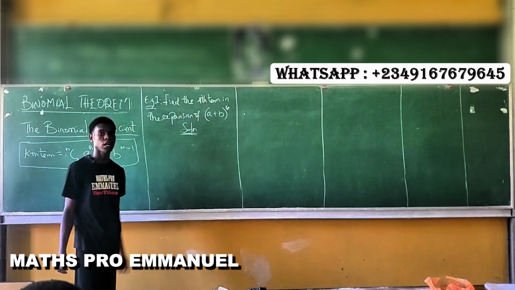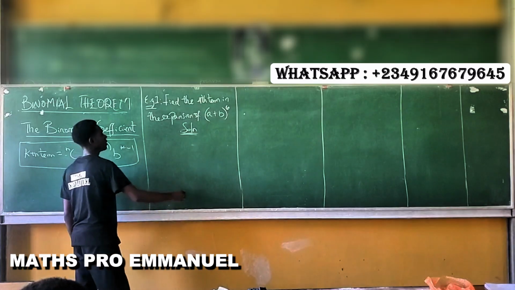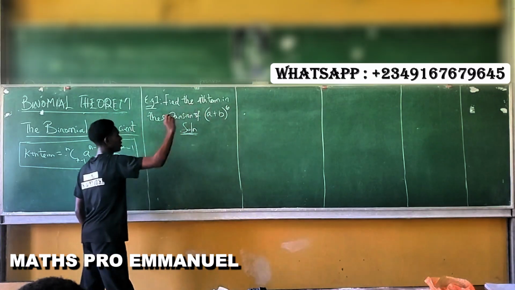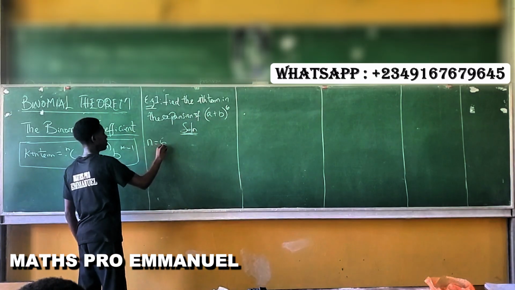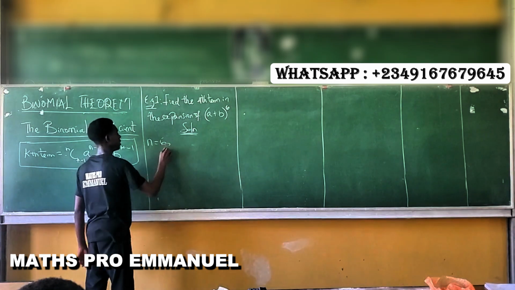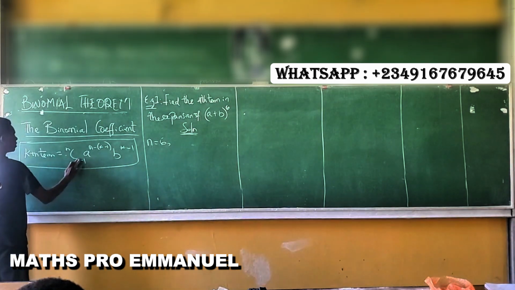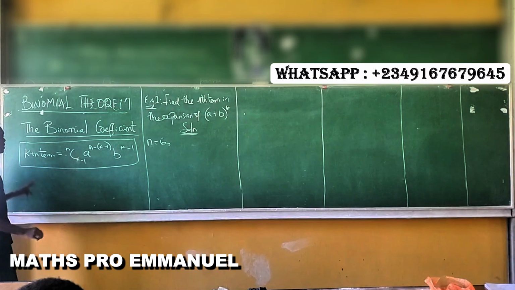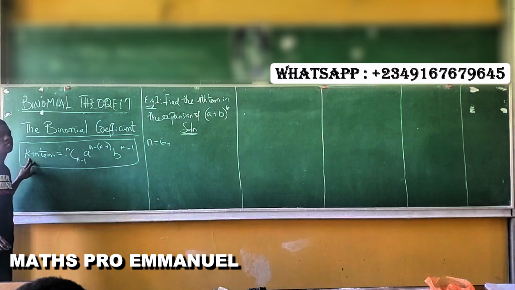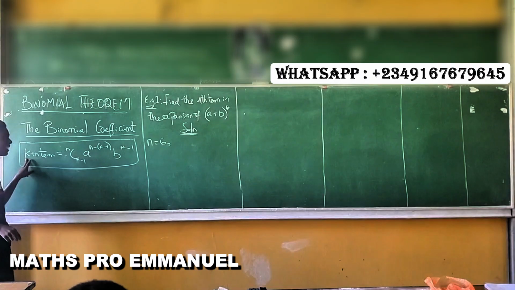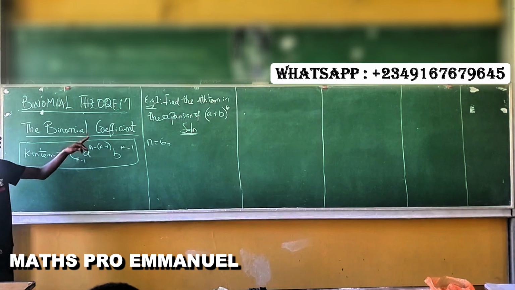So now I'll bring out all my parameters. We know that n is the index here, so n is equal to 6. If you look at the formula, there is something strange here, and that is this k. When you have to find any term, something like the kth term, in this case they say find the fourth term.